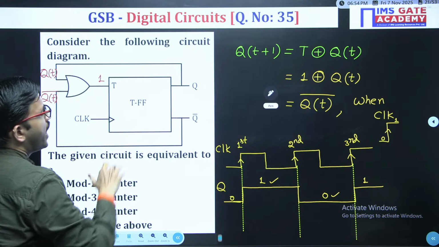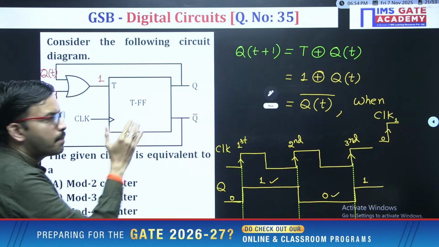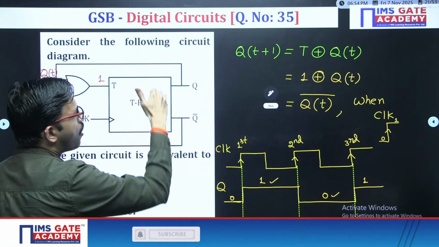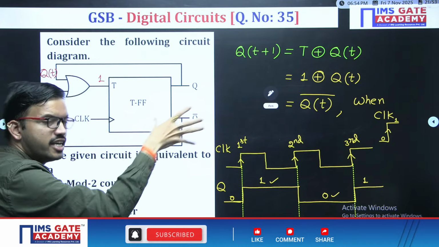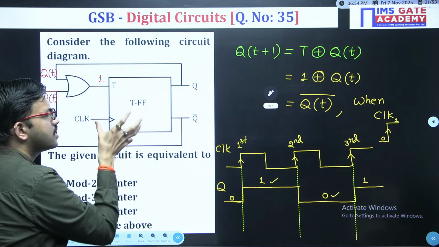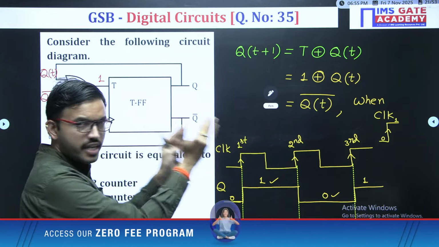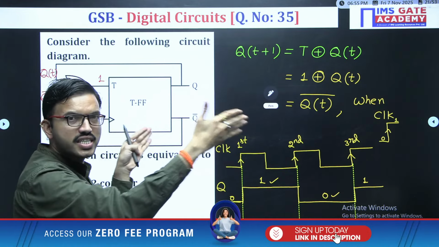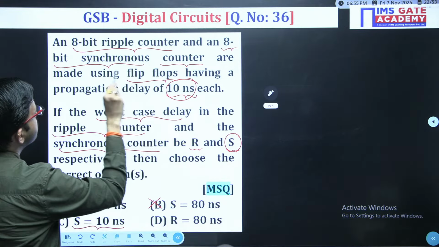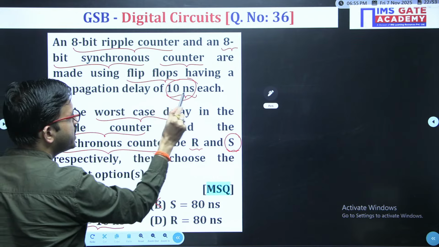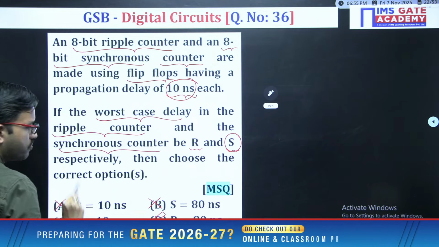Only for the first flip-flop do we externally give the clock signal; for all other flip-flops, the output of one stage is given as the clock signal for the next. So in the extreme case, with 8 flip-flops, each flip-flop gives one delay, that means 8 stages of delay. So 8 into 10 nanoseconds, that means 80 nanoseconds. Option D is the correct one.